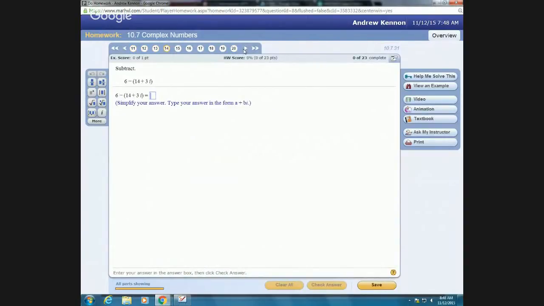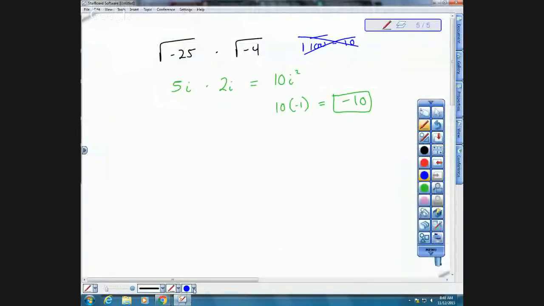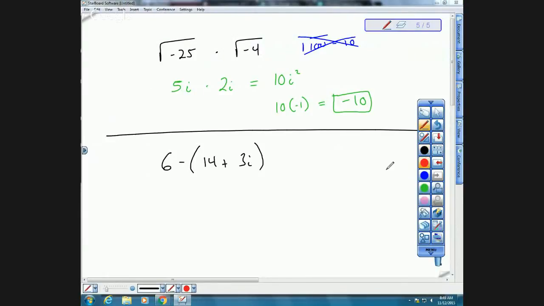And subtracting. So this one, even though that has a minus right there, you'd have 6 minus 14, which is negative 8. Right, so it's a subtraction problem.